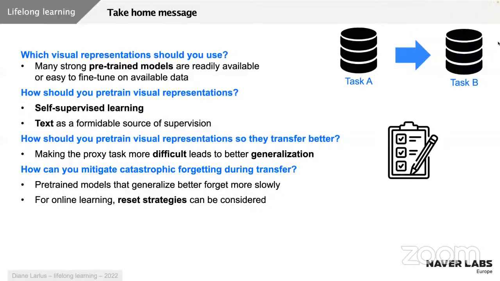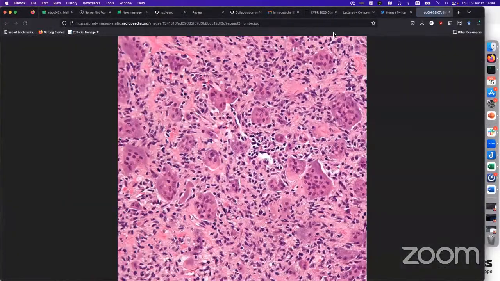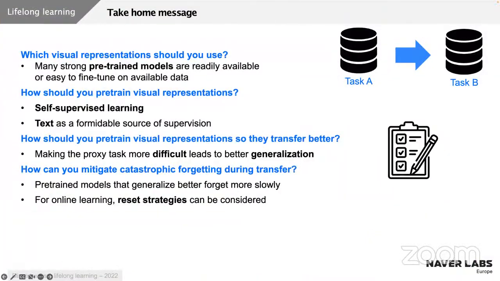Yes, Scott. So I just sent in the chat the question about histology, and now you said that you could combine, for example, a description of the image. So I will send another image, which is about endometriosis, for example.